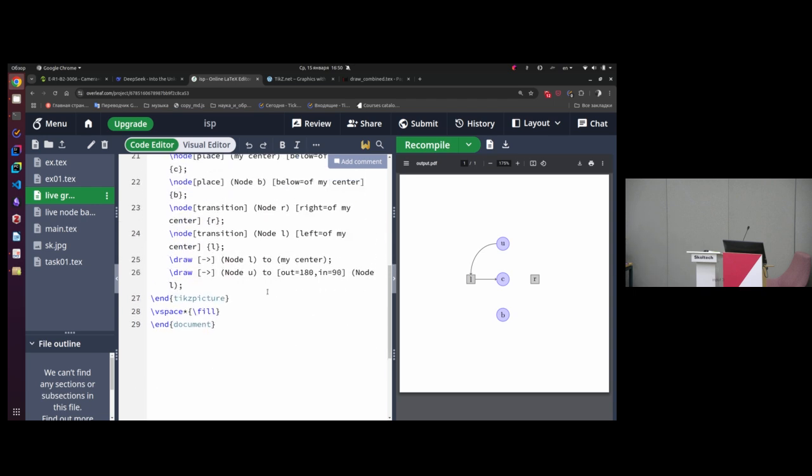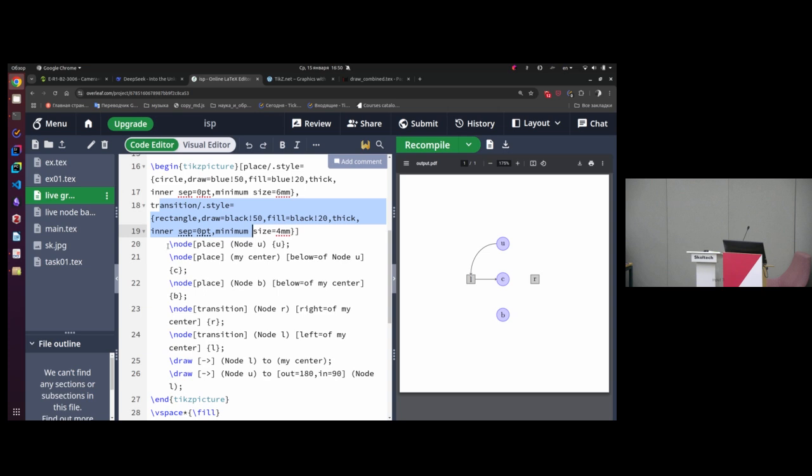And as you can see, when we define nodes, in the square brackets we don't have many styles, we just have one word, either place style or transition style. So we have two types of nodes, blue and gray, and they are of two styles, place and transition, that we defined at the start of the picture. So we define several nodes. How do we define a node?